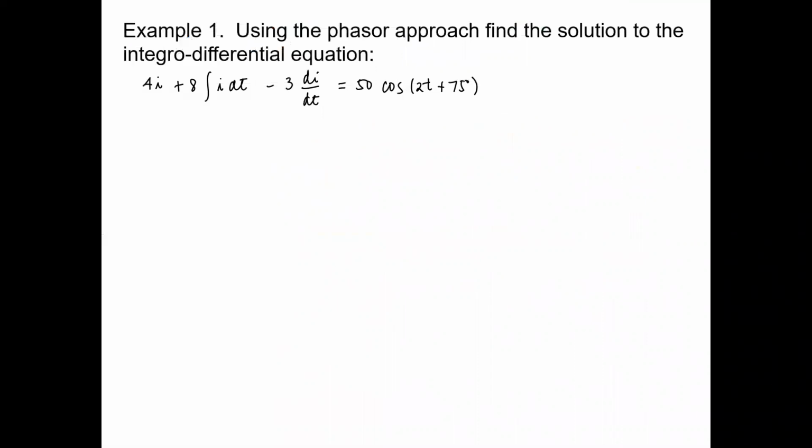Since the derivative is j omega and integration is 1 over j omega, you could take a differential equation or integral differential equation and transform it into the phasor domain.